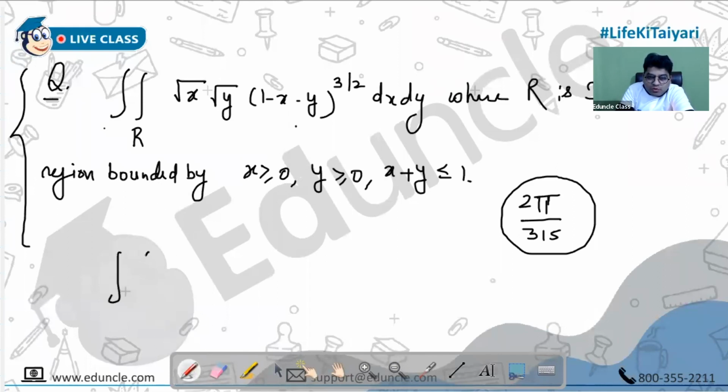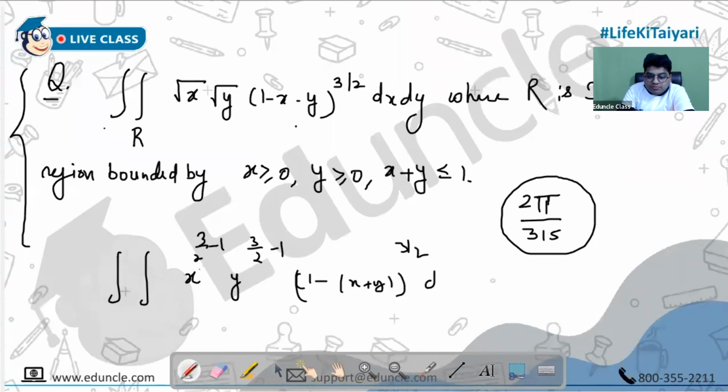If you see this problem, x to the power half minus 1, y to the power half minus 1. No, no, x to the power half, meaning 3/2 minus 1, times 1 minus x plus y to the power 3/2. What is the answer?